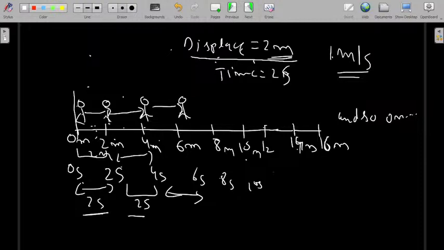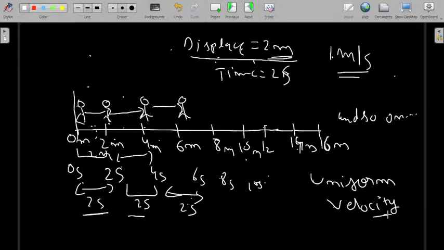You get it? So this is uniform velocity. This type of velocity is called uniform velocity.